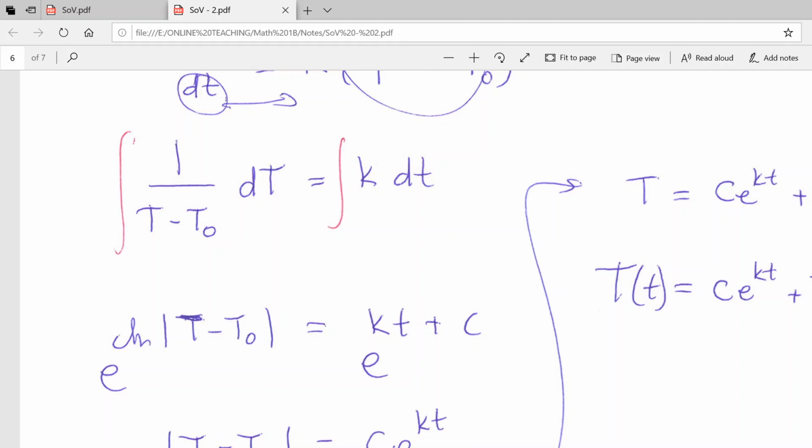And since it's always positive, because the temperature of the actual object has to be hotter than the temperature of the environment, that difference is always positive, and so I am allowed to drop that absolute value. Then to solve for T, we just add T naught to the other side, and I get T of t is c e to the kt plus T naught.